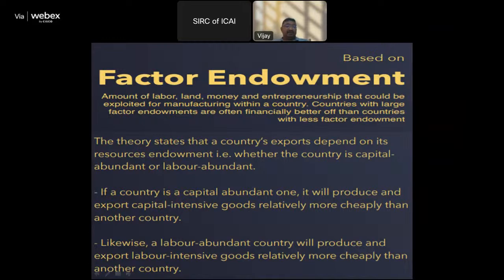If capital abundant nation, then capital will be provided to the labor abundant nation. That is the transfer of resources from abundance to the scarcity. Country which need of what resources.